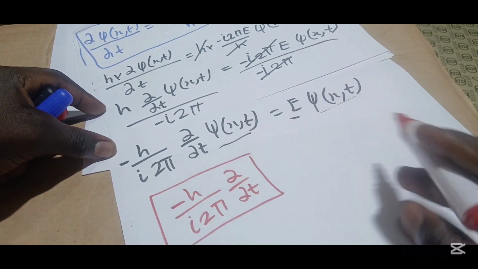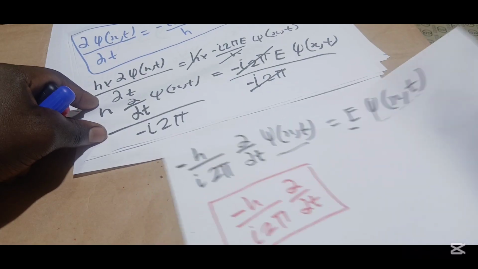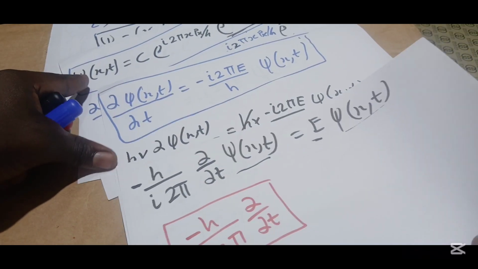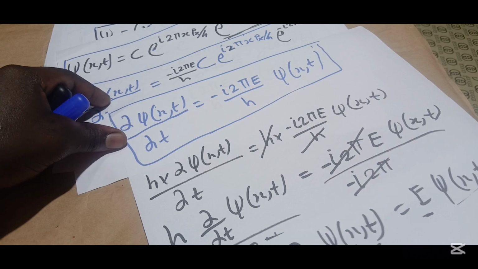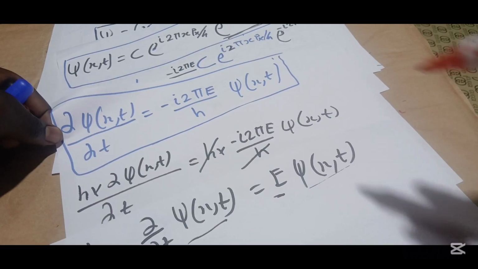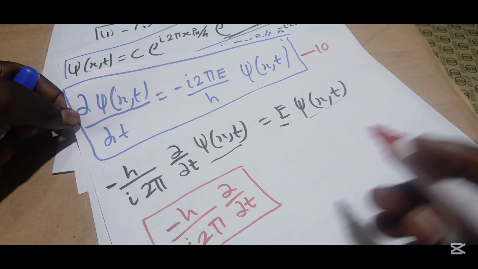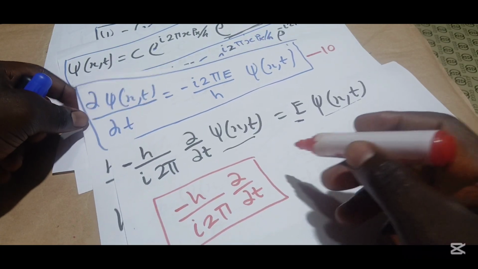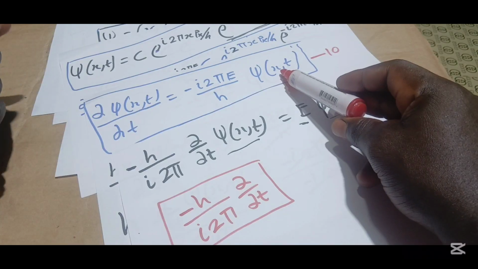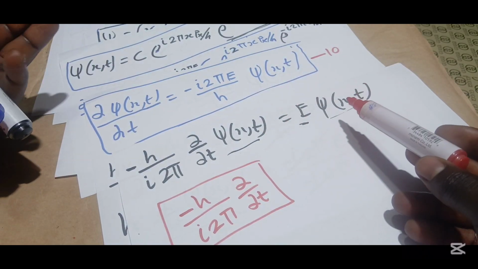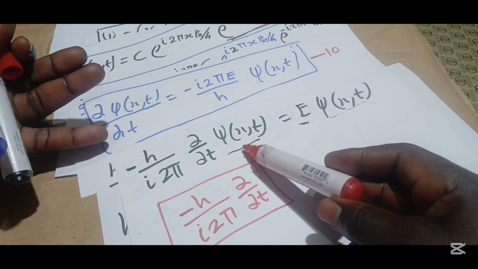So after we differentiate the wave function with respect to t, what we were able to derive is the energy operator. Why energy operator? Because this was the final result that we got. We rearranged it in the eigenvalue equation form, and this is what we get.